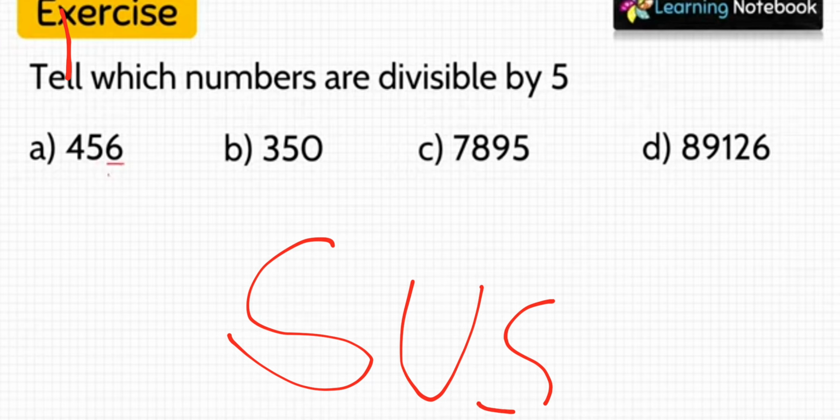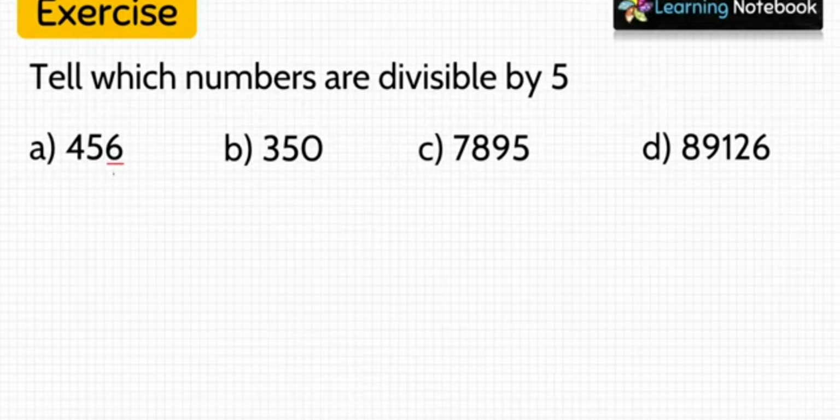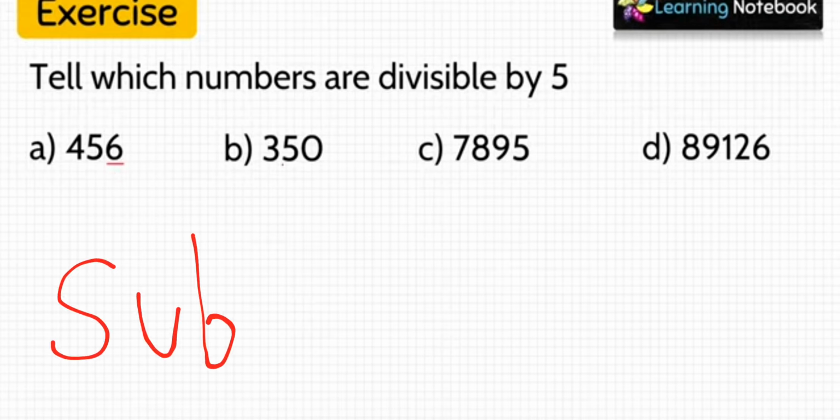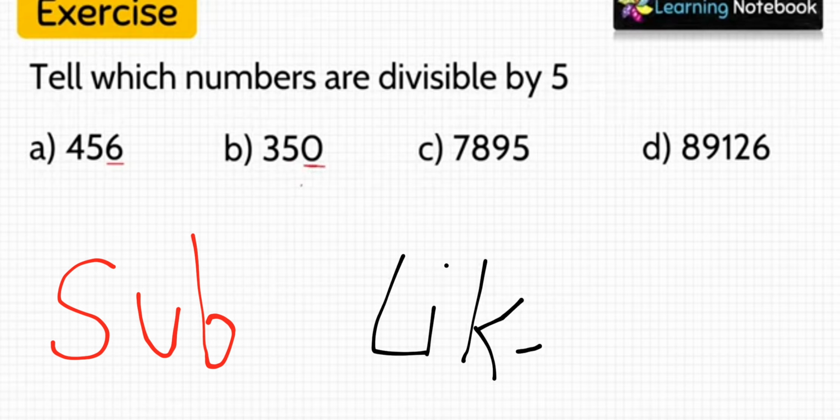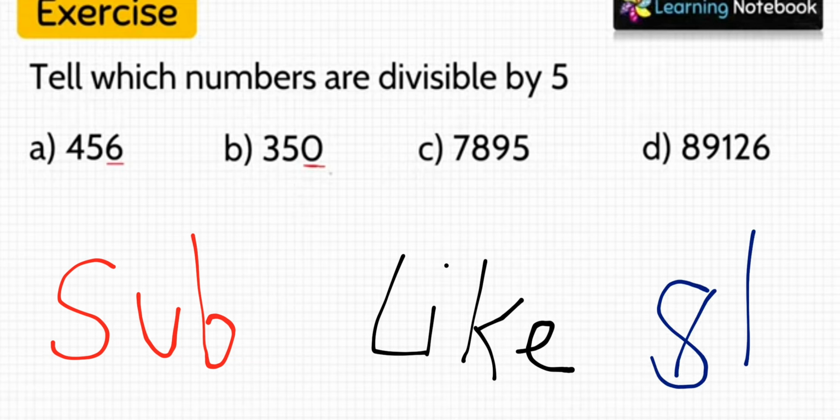Here, the last digit is 6. So, this number is not divisible by 5. Next number is 350. The last digit is 0. So, this means 350 is divisible by 5.